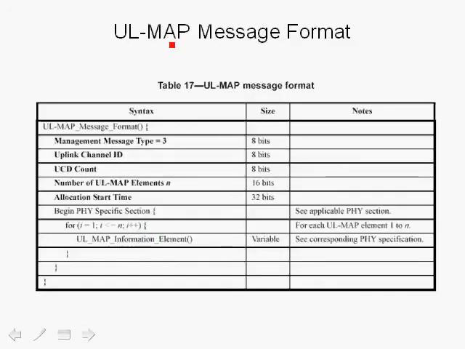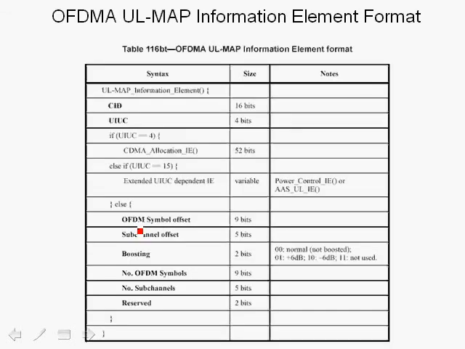Similarly, for an uplink map, in this case, one of the more important pieces of information is the uplink channel ID for the particular uplink burst. Again, we have the number of uplink map elements, and each element is defined by an information element. Let's go down and take a look inside.